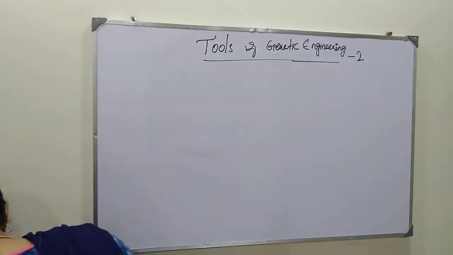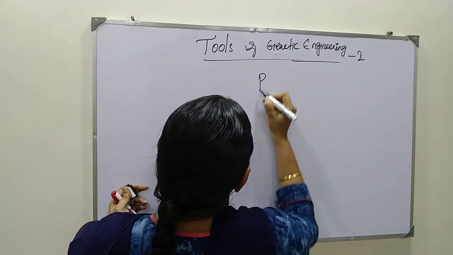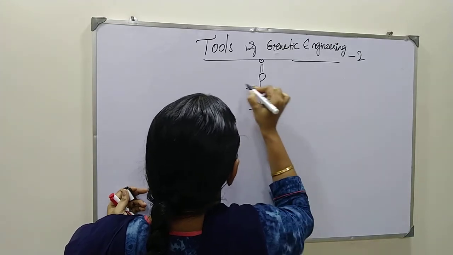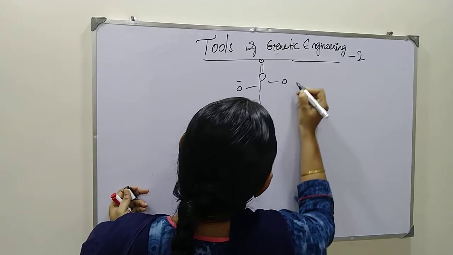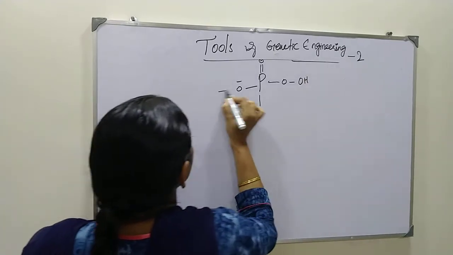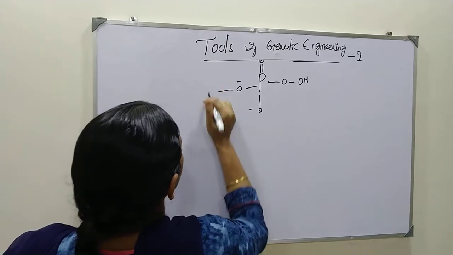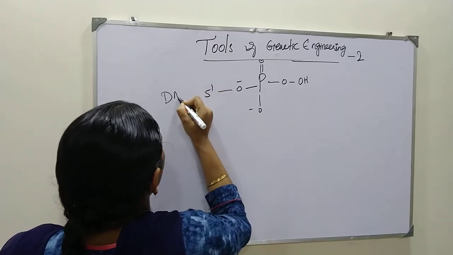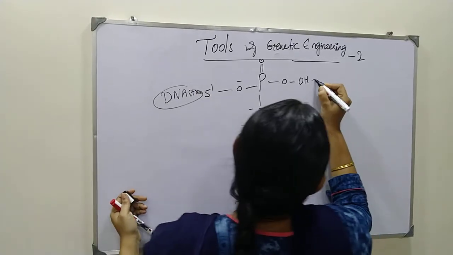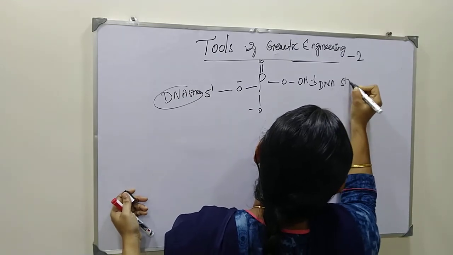Suppose this is the phosphate I am drawing here, this is P, here OH, and this end is with the OH. This is a 5' end. The DNA strand is continued here, so I will write it as a DNA strand. Here the 3' end, and this DNA strand is coming.